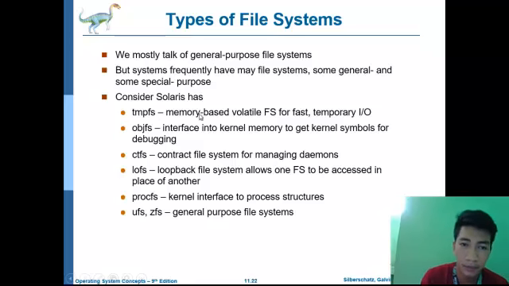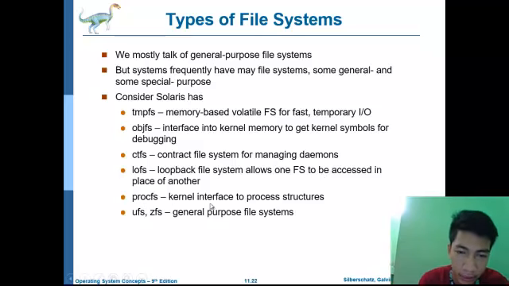The TMPFS is a memory-based volatile file system for fast temporary I/O. The OBJFS is an interface into kernel memory to get kernel symbols for debugging. CTFS is a contract file system for managing daemons. LOFS, loopback file system, allows one file system to be accessed in place of another.